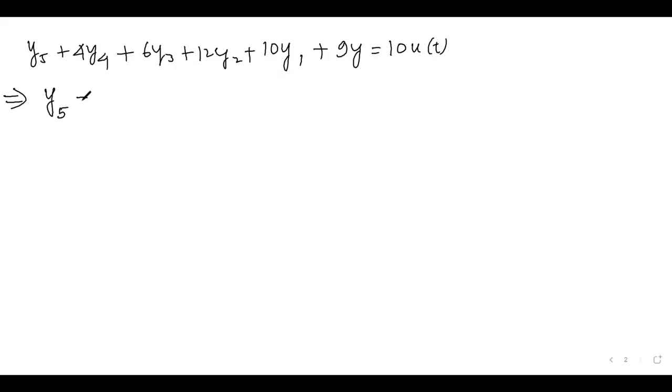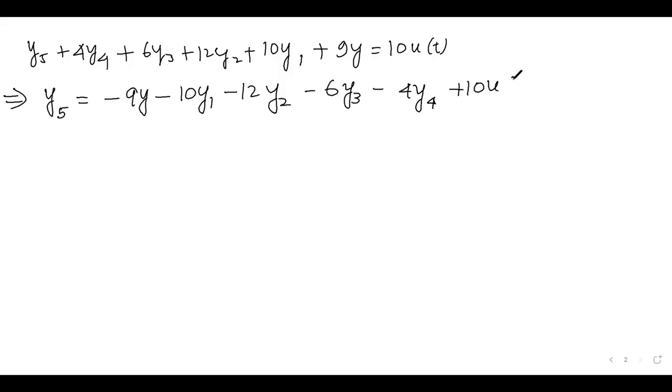Therefore y5 is equal to minus 9y minus 10y1 minus 12y2 minus 6y3 minus 4y4 plus 10u(t). All right. Here we are rewriting the differential equation, keeping the highest derivative on the left hand side.